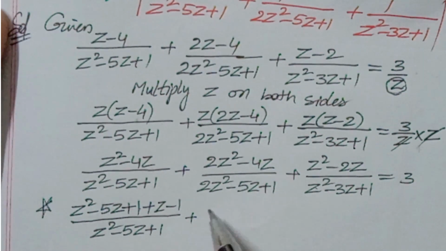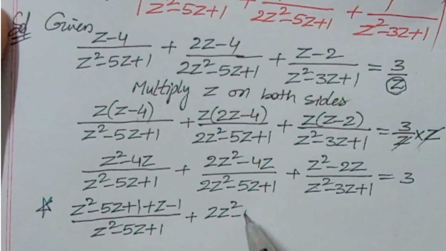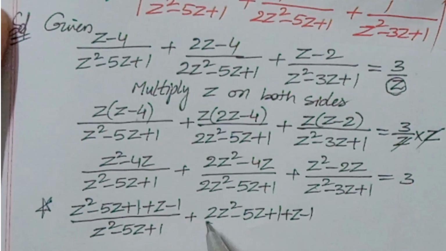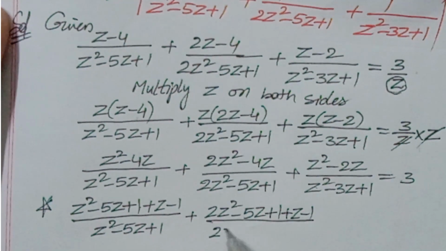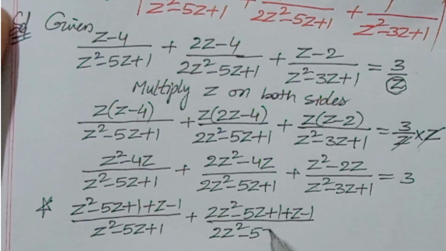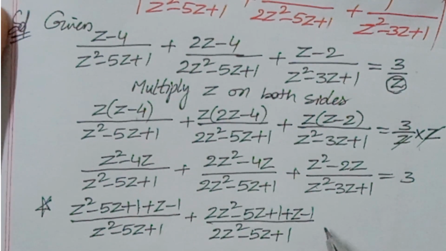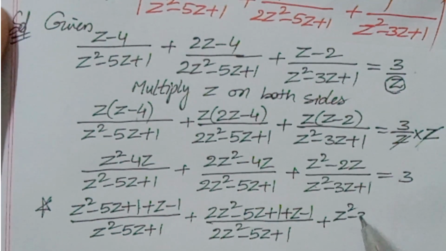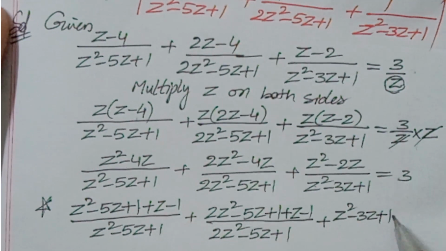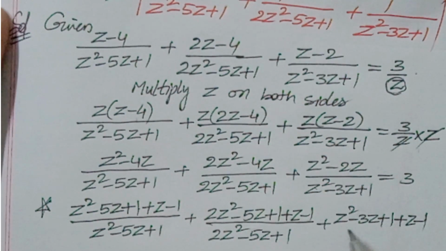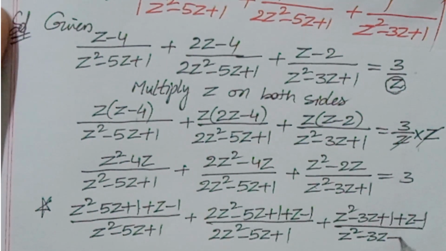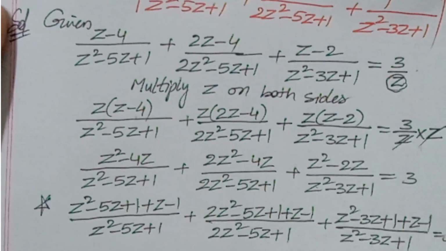Now 2z² − 5z + 1 plus z − 1, by 2z² − 5z + 1, plus z² − 3z + 1 plus z − 1 by z² − 3z + 1 is equal to 3.